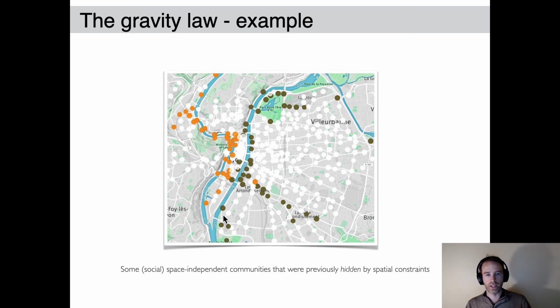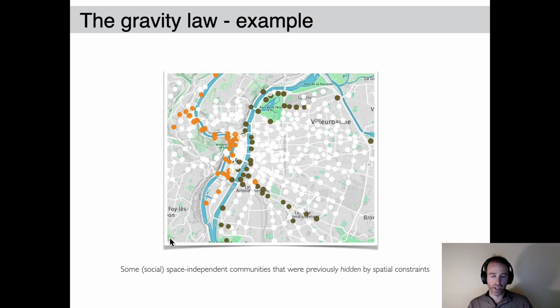So these stations, although some of them are quite far away from each other, are in the same community, because if you remove the influence of distance, you actually have many more trips than expected between these stations and these ones, because they belong to this kind of community of the banks of the Rhône in this case.